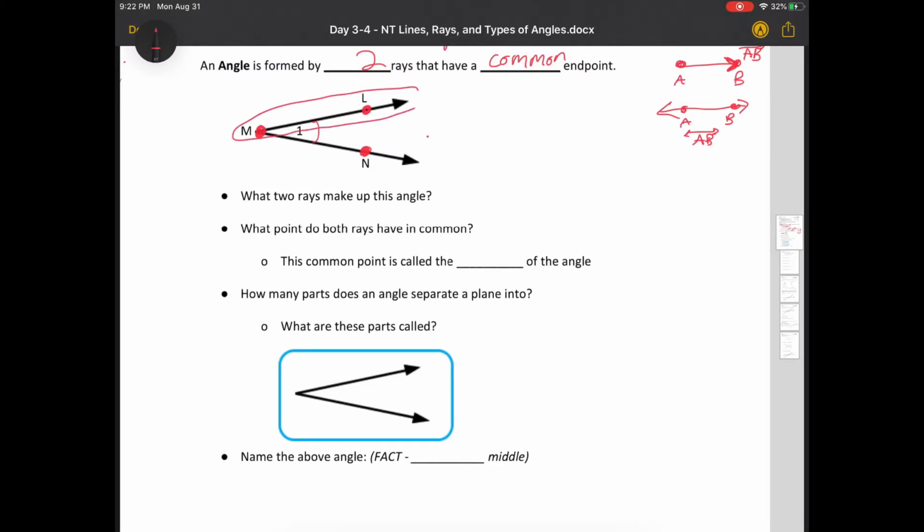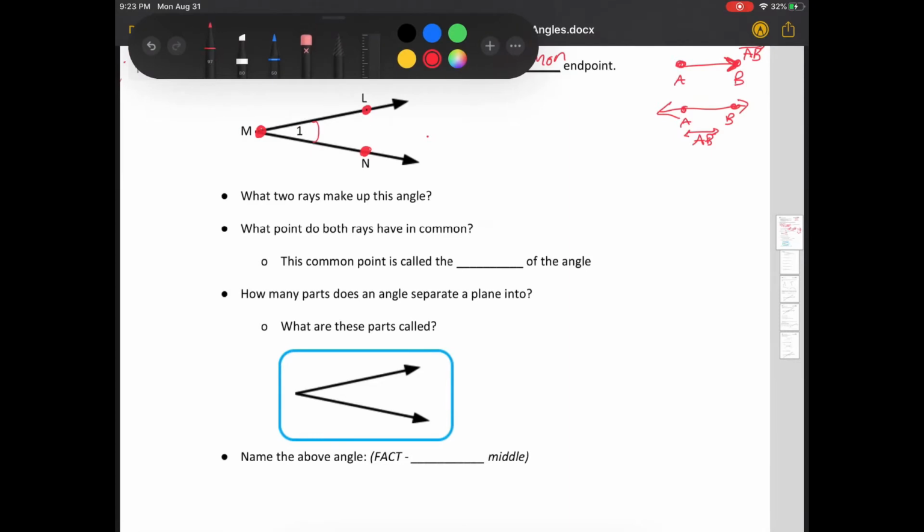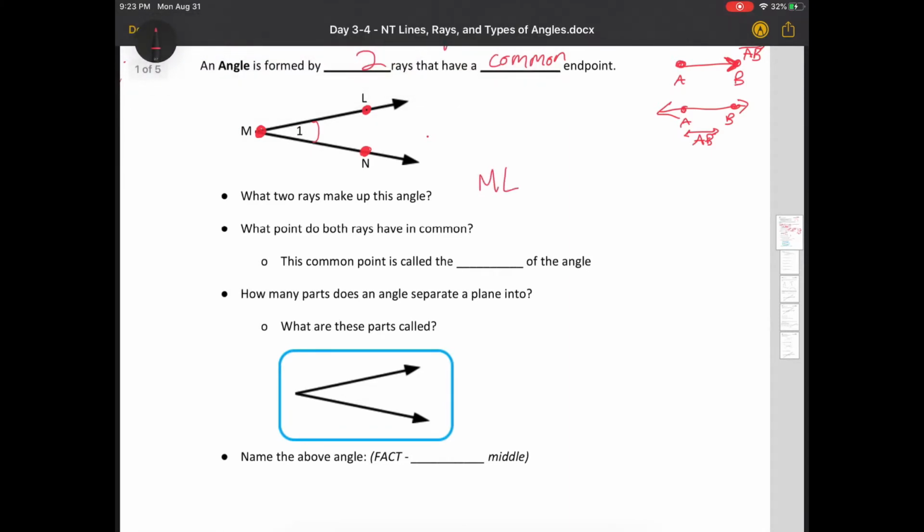So we have this ray here and this ray here. So how do we label them? So like I just said when we went over the labeling, we first say the endpoint, then another point on the line. So we have ray ML and also ray MN make up that angle.